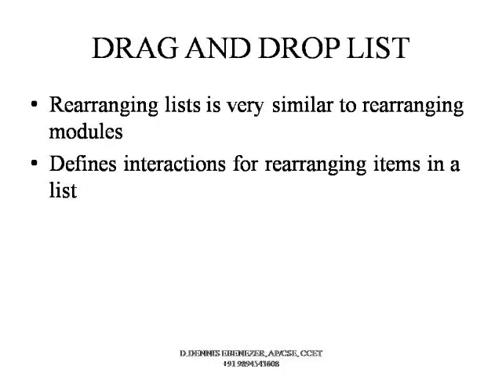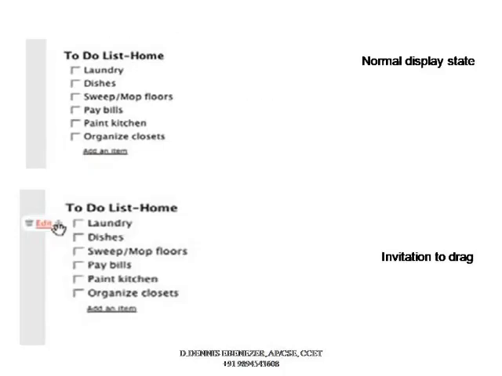This is used when the list has to be rearranged in a proper order before it is given to the user. As already stated, it also has the four states of normal display state, invitation to drag, dragging and dropping. All the four states of a drag and drop list are explained in the example shown in the slide.